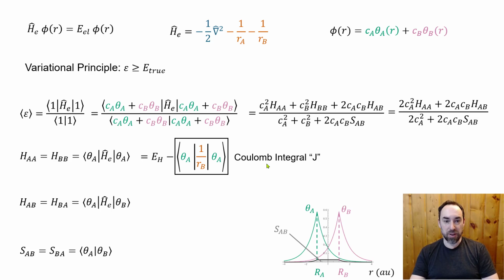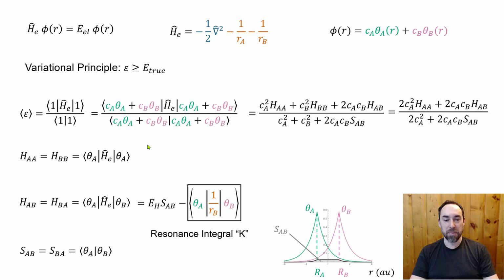We are almost there. We have one more integral to take care of, which is this resonance integral. And when we apply this Hamiltonian to this equation here, we still get out the electronic energy of the hydrogen atom. Now, because the two indexes here are different, it's going to be scaled by this overlap S_AB. And then we're going to have this resonance integral here, which is something weird.